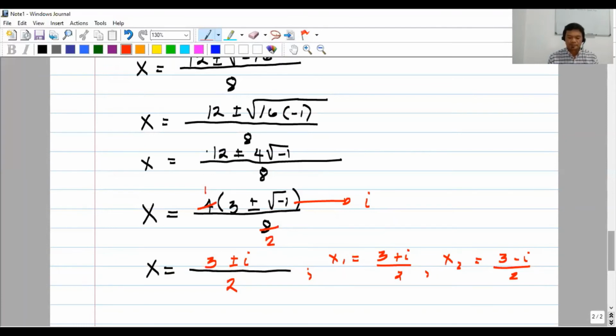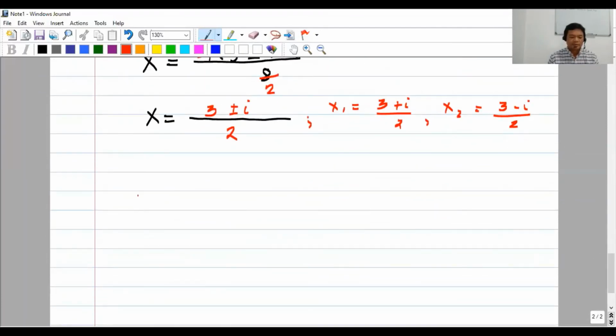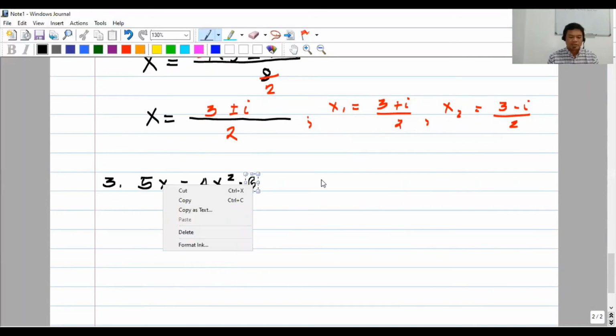Okay? And the last example, we have number 3, which is 5x equals 4x squared minus 6. So the format is similar to that in our number 1 example.